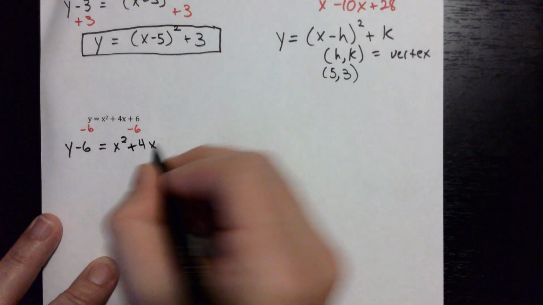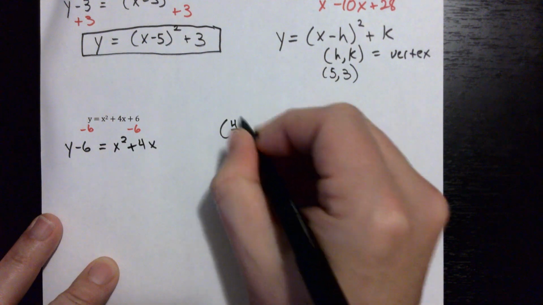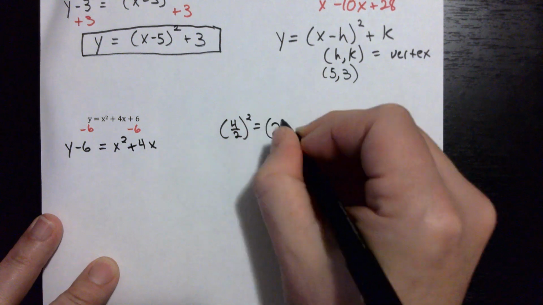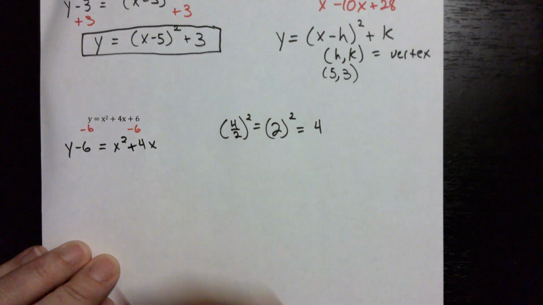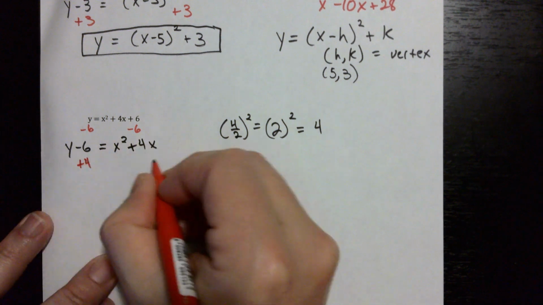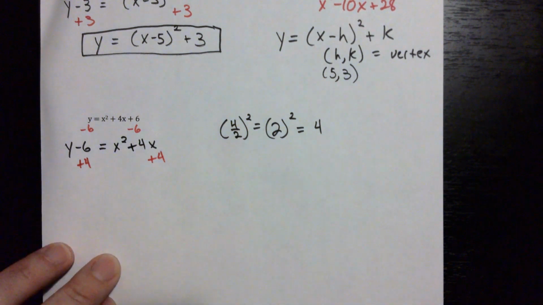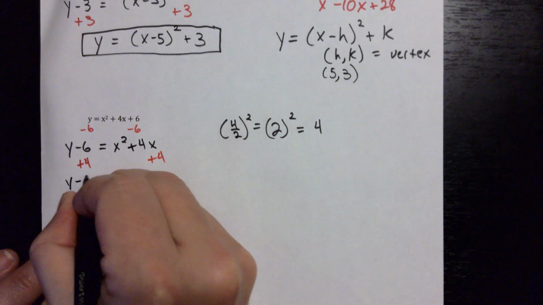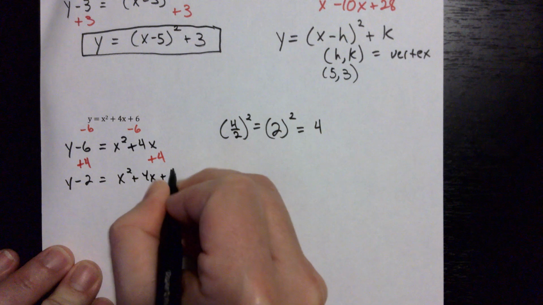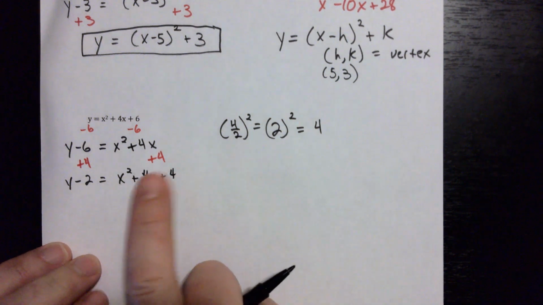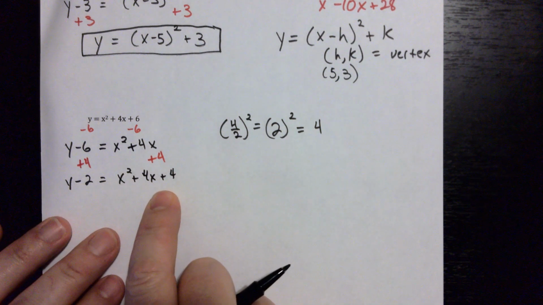Now I take that number, that 4, and divide by 2, and I square it, which gives me 2 squared, which gives me 4. So I add 4 to both sides, plus 4 and plus 4, and I will get y minus 2 is equal to x squared plus 4x plus 4. We know what this is going to factor into using that trick I showed you earlier.